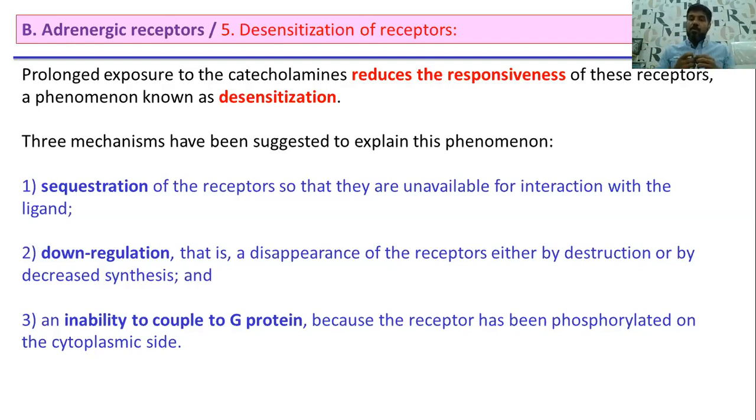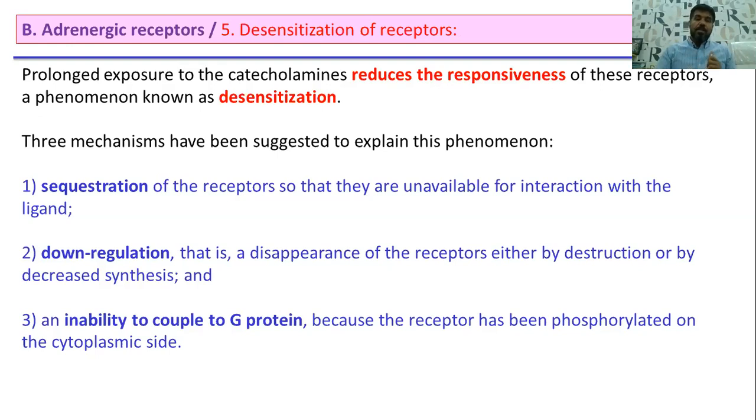It is the loss of the physiological action of a specific receptor after exposure of this receptor to a specific agonist for a long duration of time. And there are three main mechanisms that have been introduced to explain the desensitization.